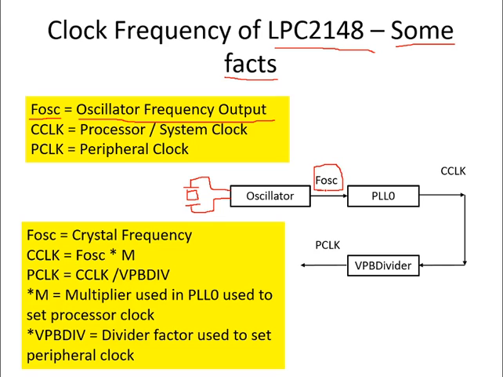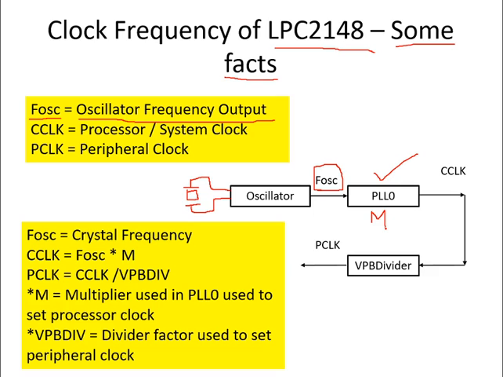F oscillator is nothing but the frequency of the output of the internal oscillator of LPC 2148. This frequency is passed through the internal PLL. When this signal passes through the PLL, it is multiplied by some factor M, called the multiplier.